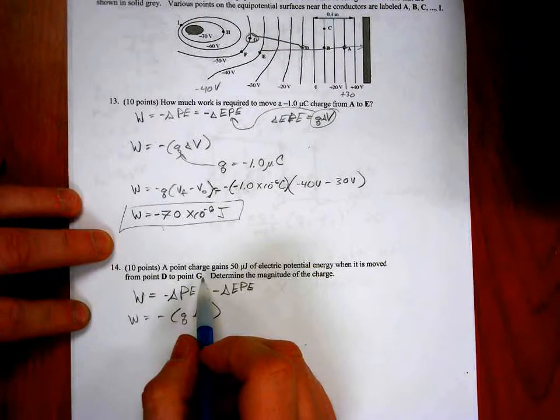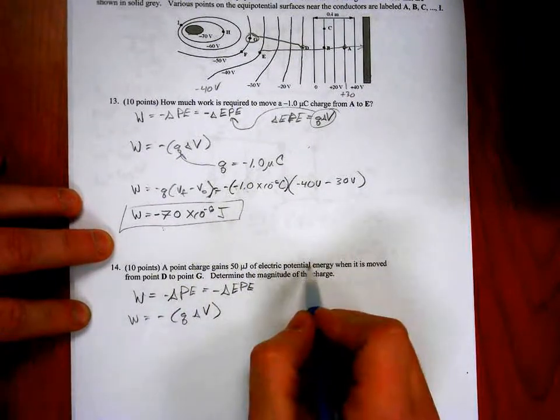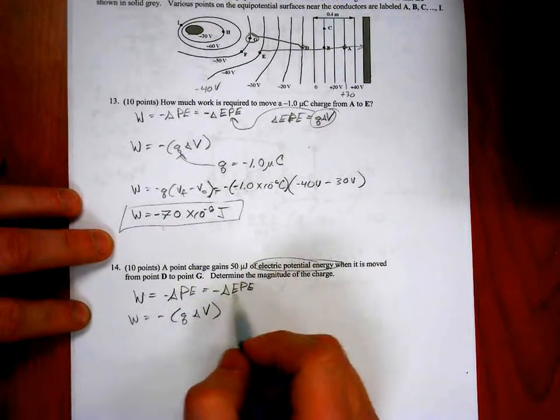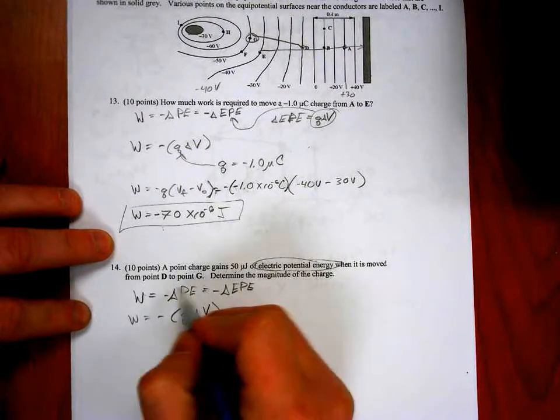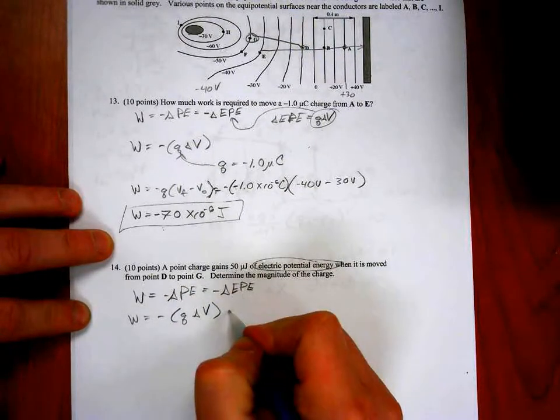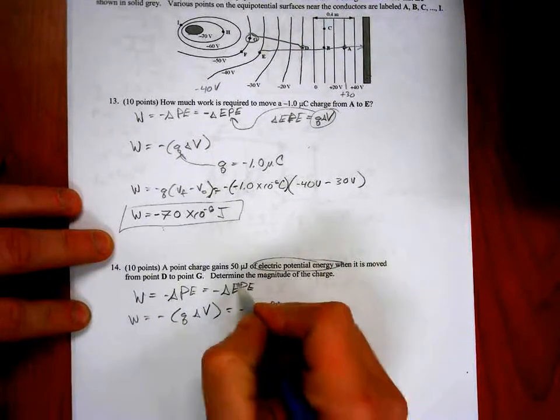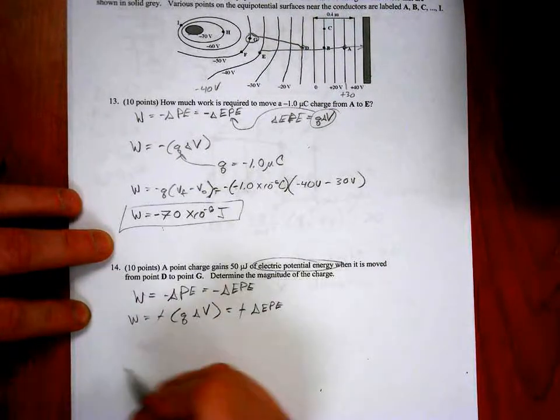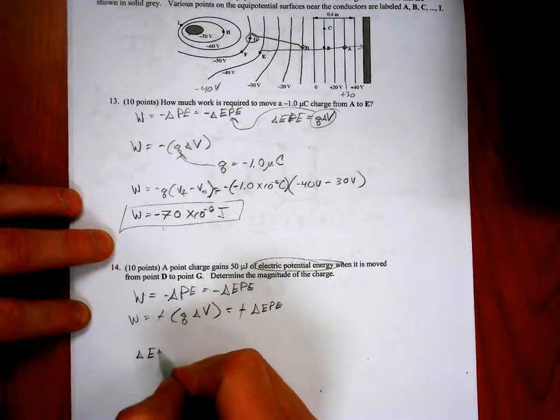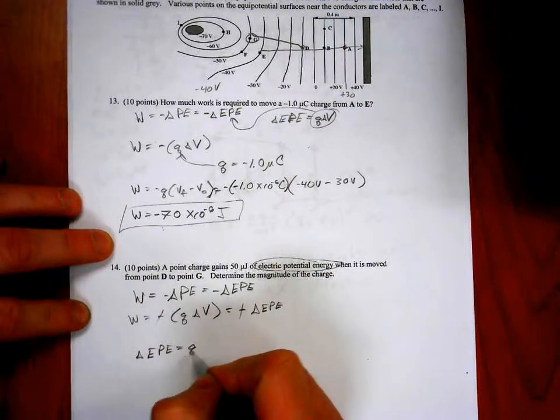Point charge gains, well, we're gaining electric potential energy. So we would say that equals negative delta EPE. I'm just copying that down, the negatives cancel. So the change in EPE is equal to Q delta V.